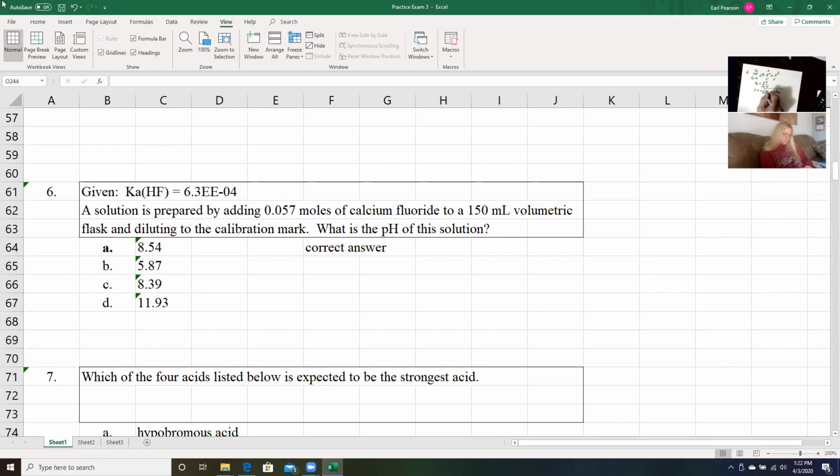What I need is Ka, which I do have, and C0. Initial concentration is 0.057 moles in 150 times 10 to the minus 3 liters. That's C0.